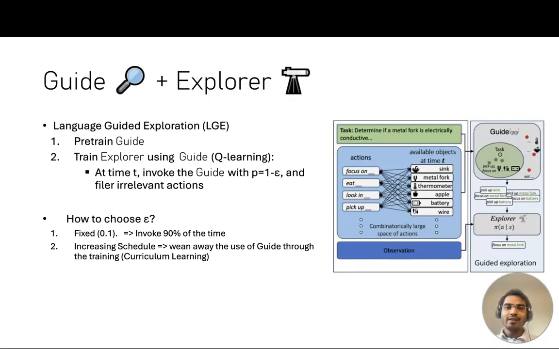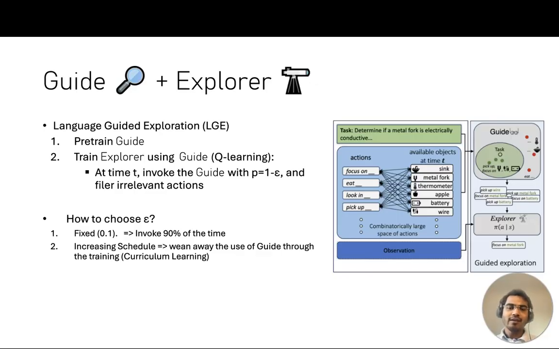So how do we train the guide and the explorer together? First, we pre-train the guide using contrastive learning, and then it learns how to align task descriptions with relevant actions. After that, we train the explorer using the pre-trained guide. Now, the explorer, as we said, is trained using Q-learning, and at any time step in its episode, it invokes the guide with a probability 1 minus epsilon.